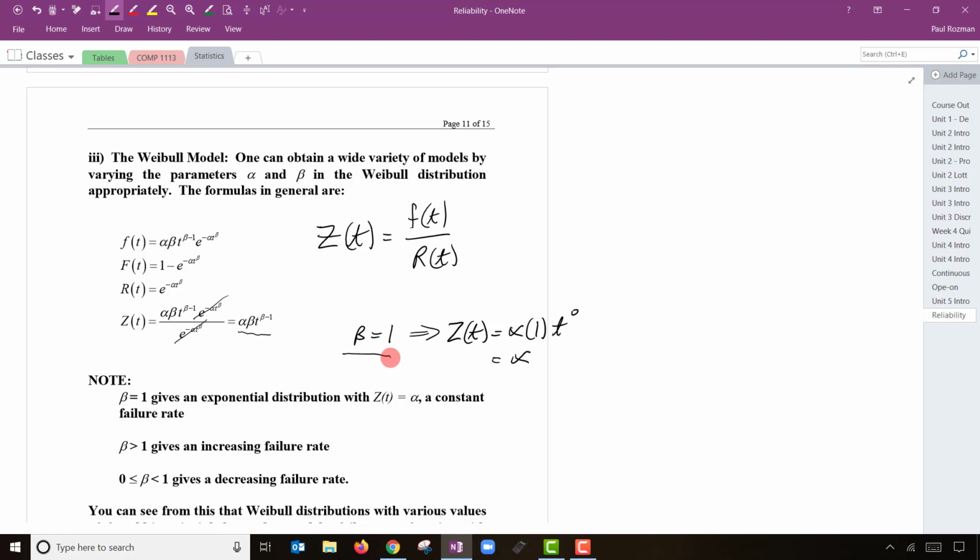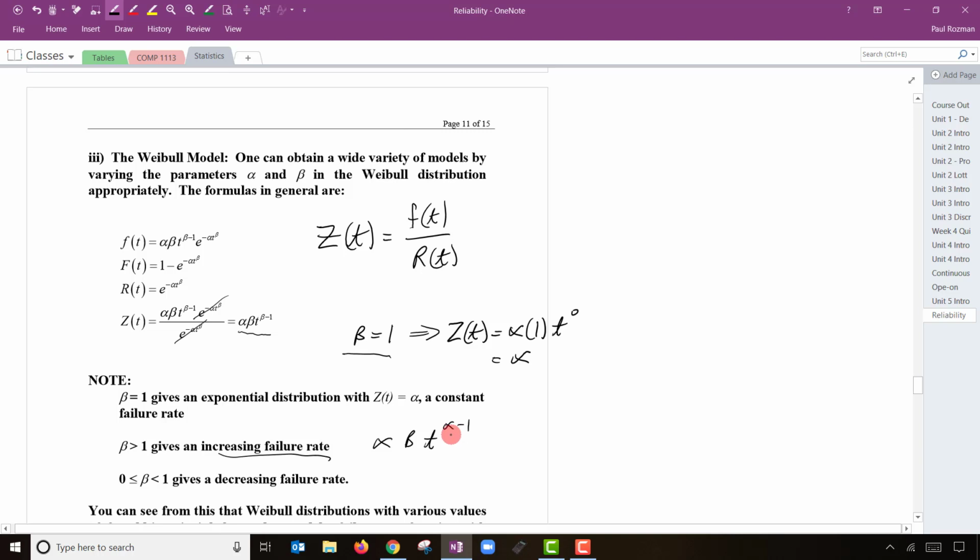When beta is greater than 1, if you have this alpha beta t to the beta minus 1, if you put in a value bigger than 1 here, well, then you have t to a value bigger than 1. So it's like a polynomial, which is an increasing function. So your failure rate is increasing at that time.